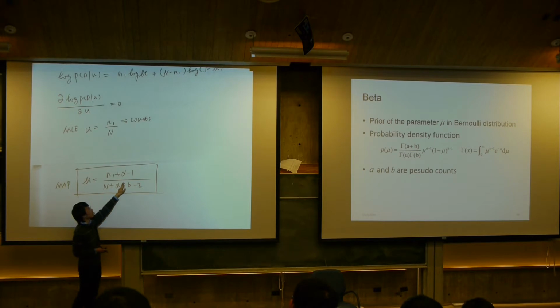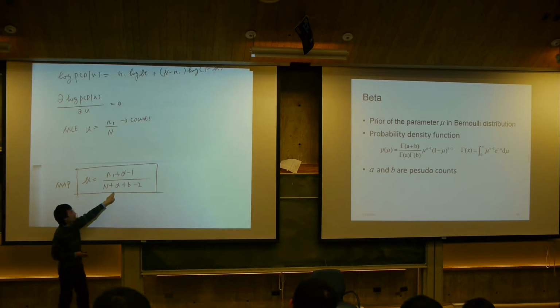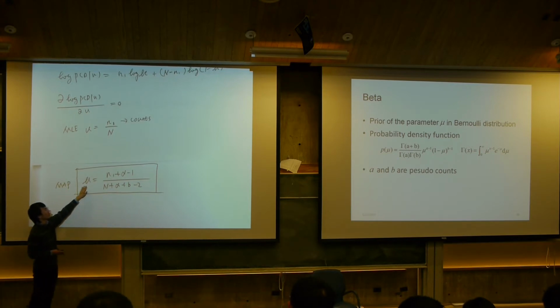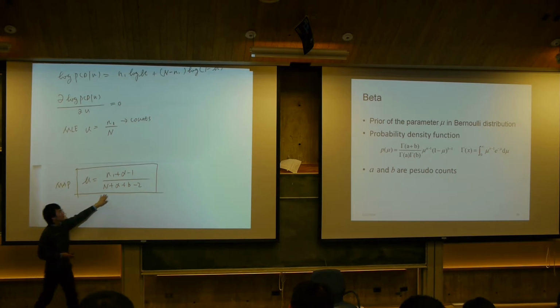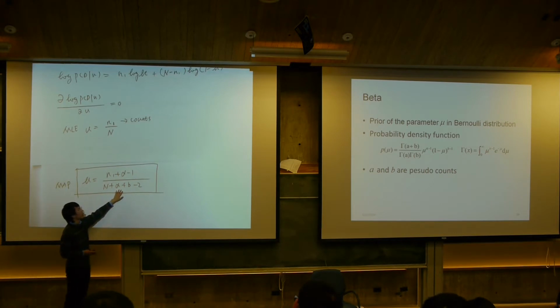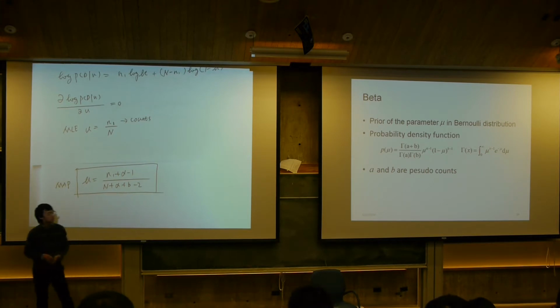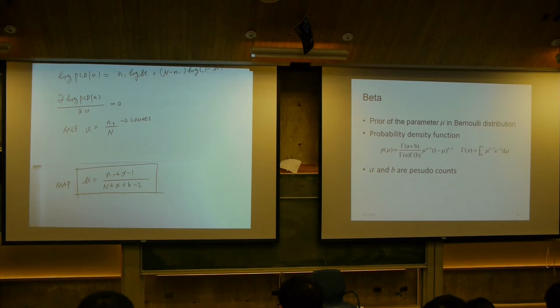And the A and B here are the knowledge. Even if you have no data, if you make some assumptions, say A equals 1 and B equals 1, you can still get an estimation of mu. So this part reflects your knowledge about this parameter.